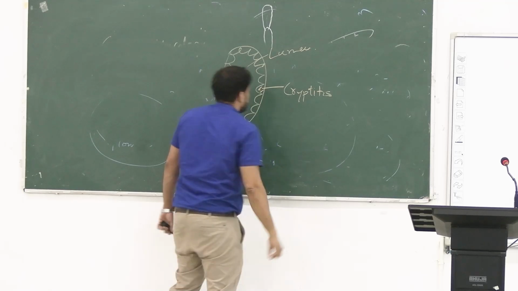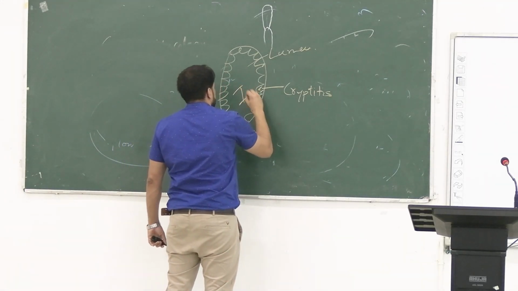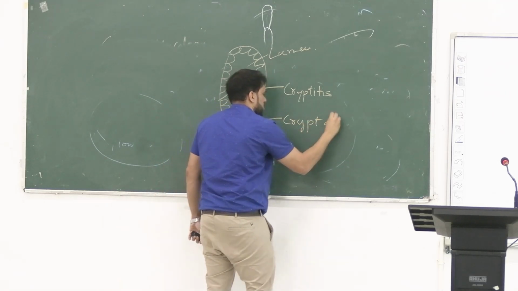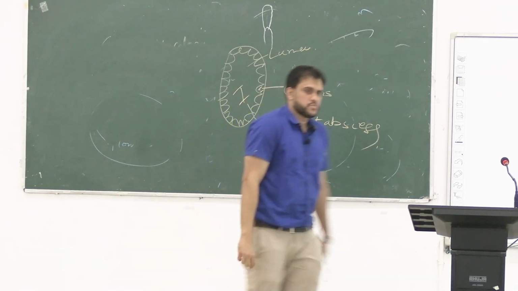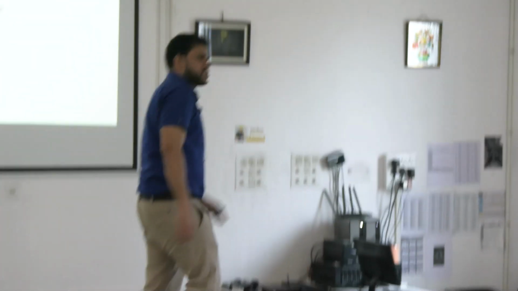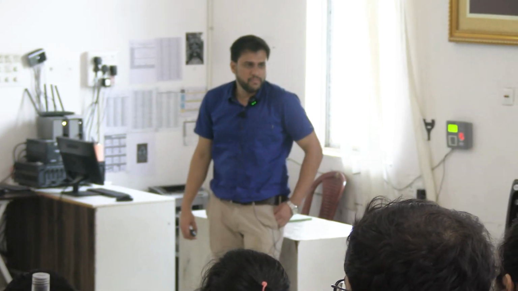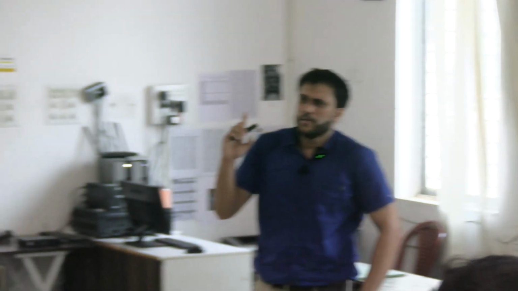Or when inflammation extends up to the lumen, it is called crypt abscess. Okay, so cryptitis, crypt abscess. And what are the extra intestinal manifestations? It happens in many places, I have given these two: in the skin, erythema nodosum, in the eye, iritis, uveitis, etc. Again, open that book, Vinay Kumar, it is given very nicely.